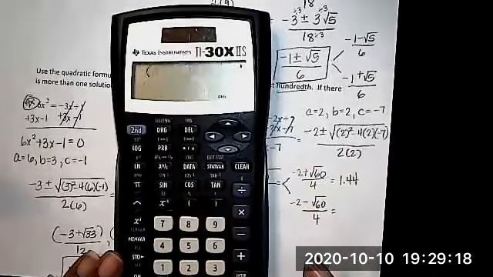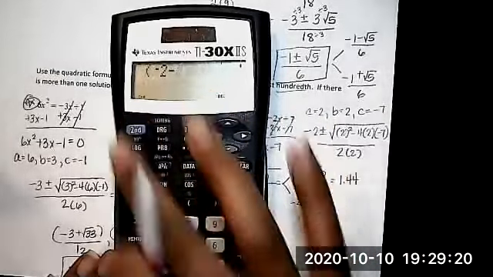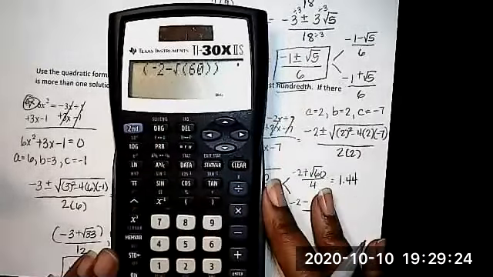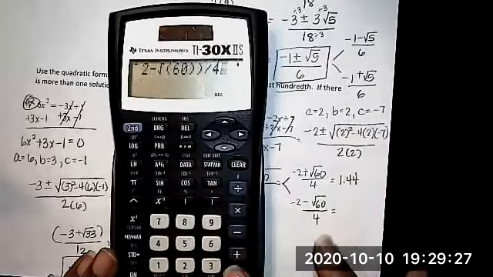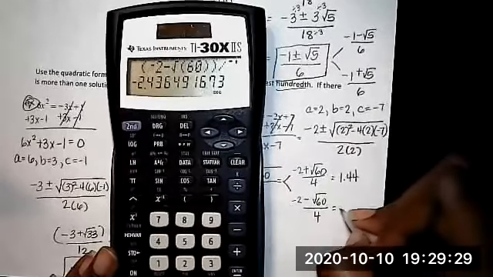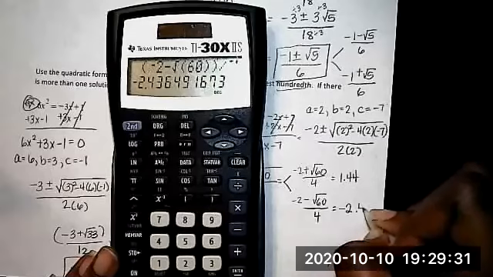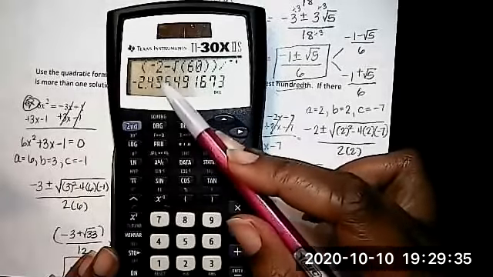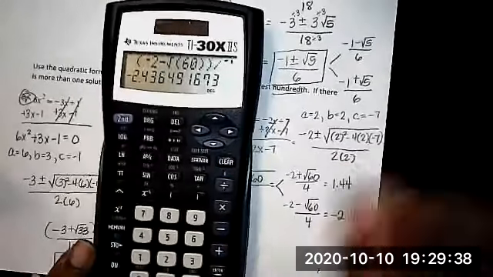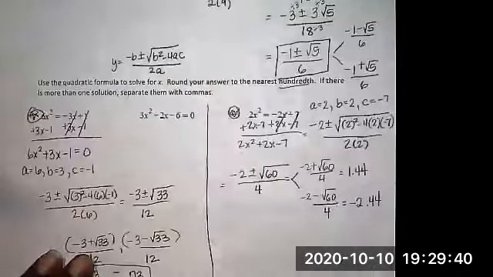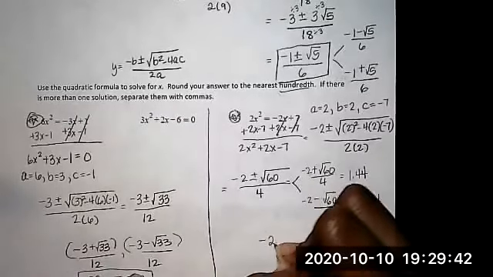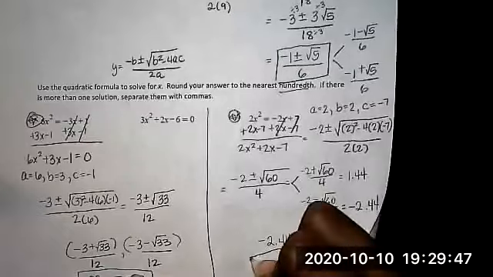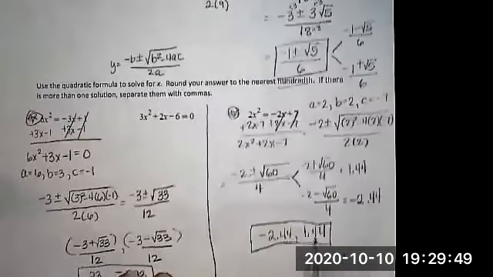And then finally, negative 2 minus the square root of 60, close that parentheses, and then close the top, divided by 4, and that's going to be negative 2.44, okay? Because again, that 6 will change the 3 to 4. So your answers are negative 2.44 and 1.44. Those are your solutions for that problem, okay?